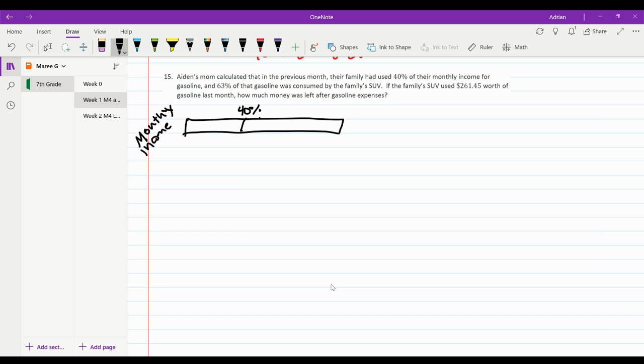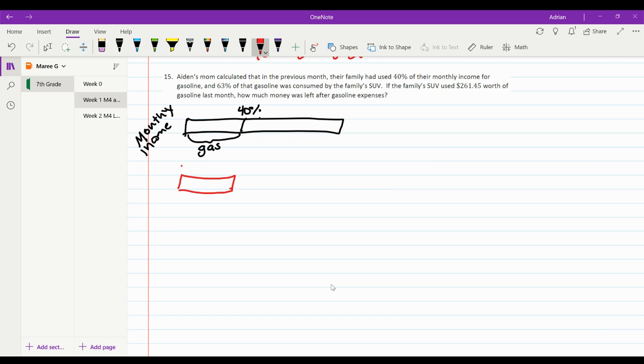So this 40% is dealing with just the gas. So I'm going to make this another one because it says of that gas, 63% of that gasoline. So now I have a whole new tape diagram that represents just the gas.